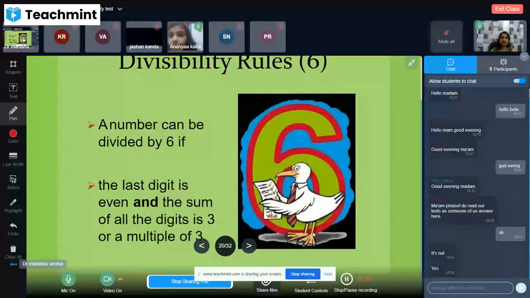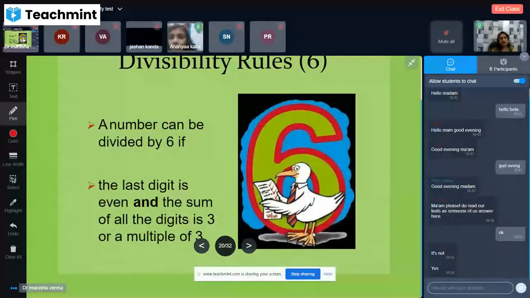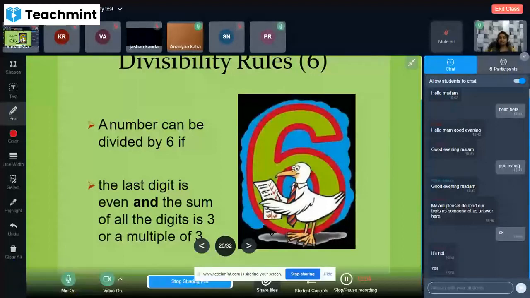See, अगर एक नंबर 2 से भी डिविजिबल है और 3 से भी डिविजिबल है, इसका मतलब है कि वो 6 से भी डिविजिबल है. ठीक है? तो इसके लिए what we will do, we will check whether a number is divisible by 2 and 3. That means there should be a tick on both. It should be divisible by 2 also and 3 also. That means the number is divisible by 6, right? Yes.